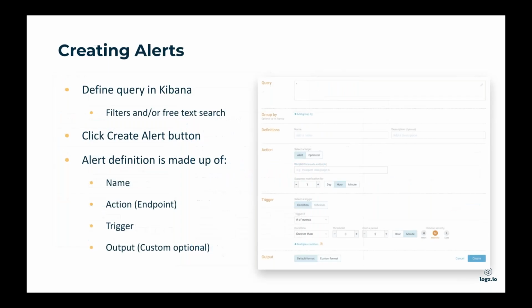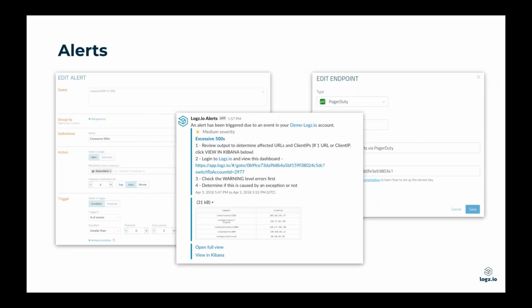Cool, awesome. So now quickly, before I go on to actually creating an alert, why would you create an alert? You might identify an issue in one of your environments. This could be, again, the excessive number of 500s as you're seeing on the screen. This could be a specific exception that you're looking for in one of your environments.